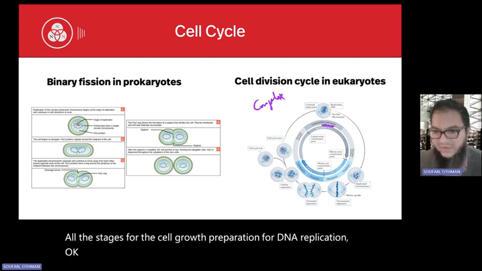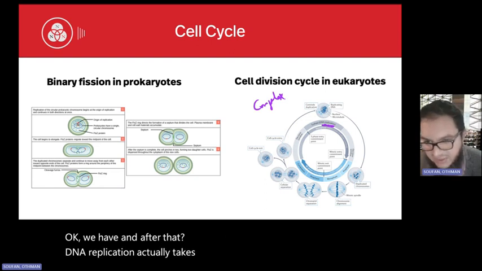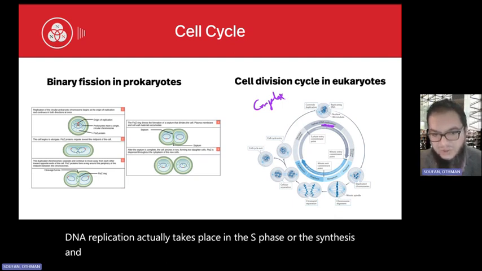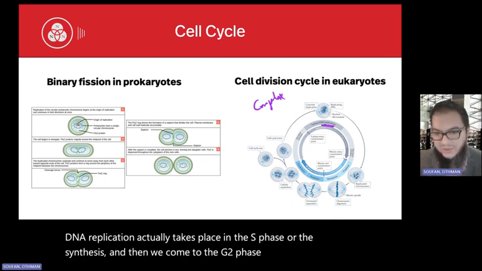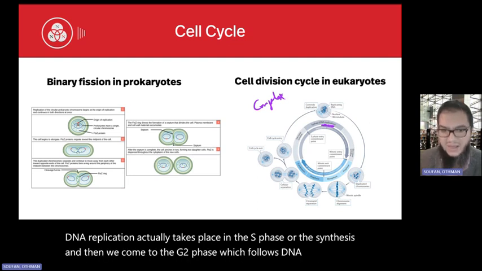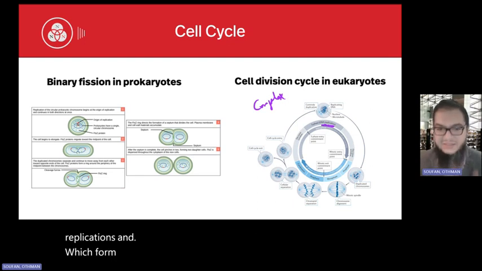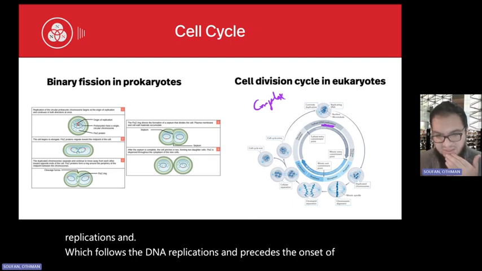DNA replication actually takes place in the S phase, the synthesis phase, and then we come to the G2 phase, which follows DNA replication and precedes the onset of mitosis.